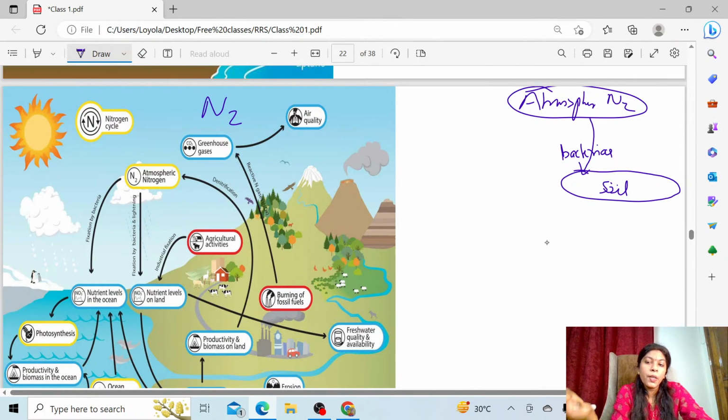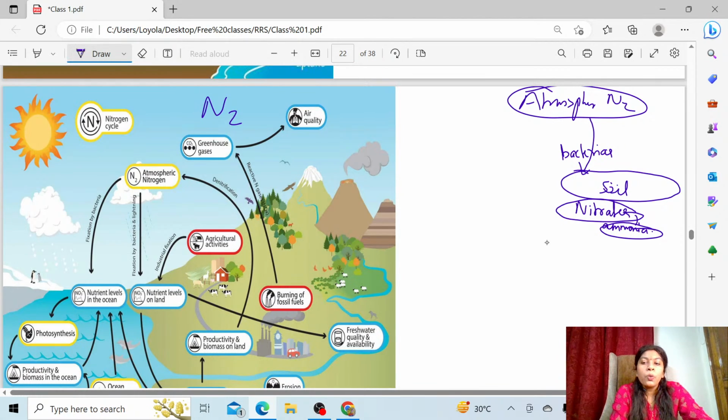They will absorb the atmospheric nitrogen and fix it for the plants in the form of nitrates. Higher plants take nitrogen in the form of nitrates only, or sometimes very rarely in the form of ammonia.